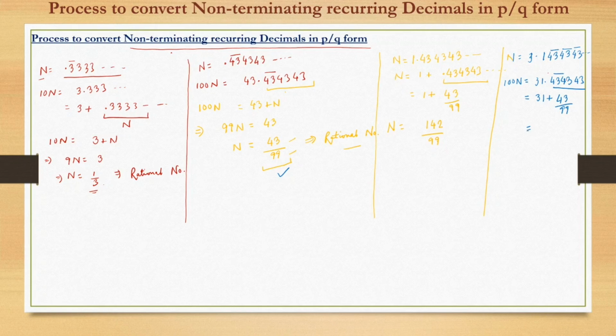So what does this become? This is 31 into 99. We can multiply this: 3100 minus 31 is 3069, plus 43, upon 99. So this becomes 3112 by 99.